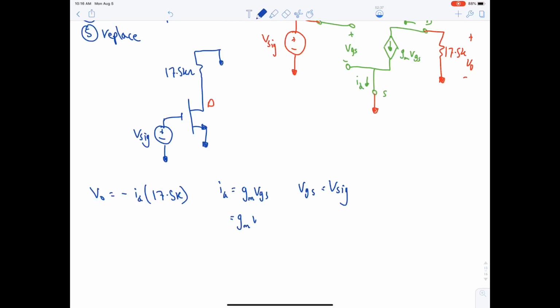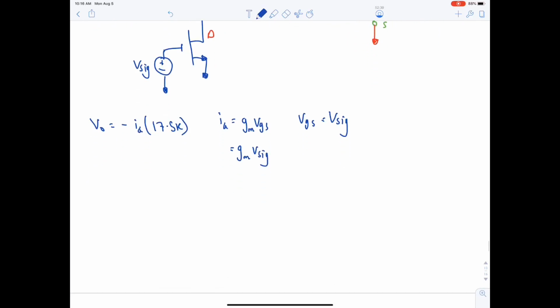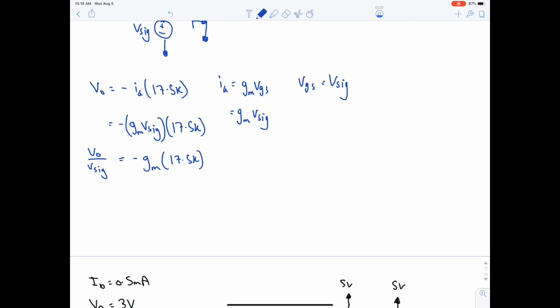So ID is gm V sig, multiplied by 17.5K. So V output over V sig is equal to minus gm 17.5K.